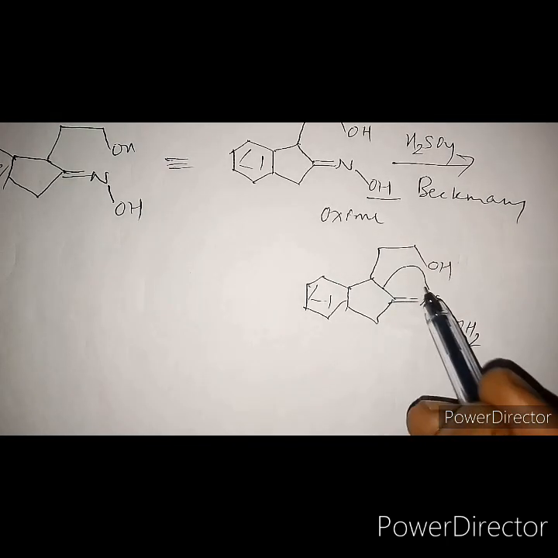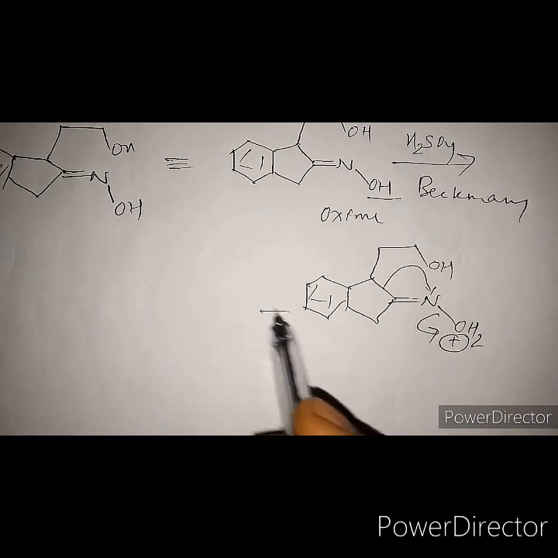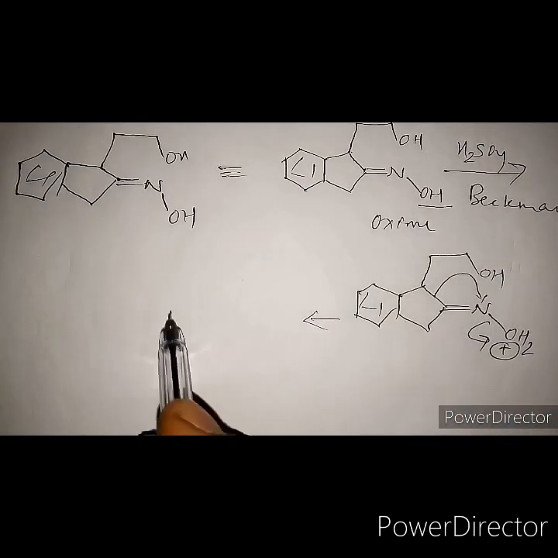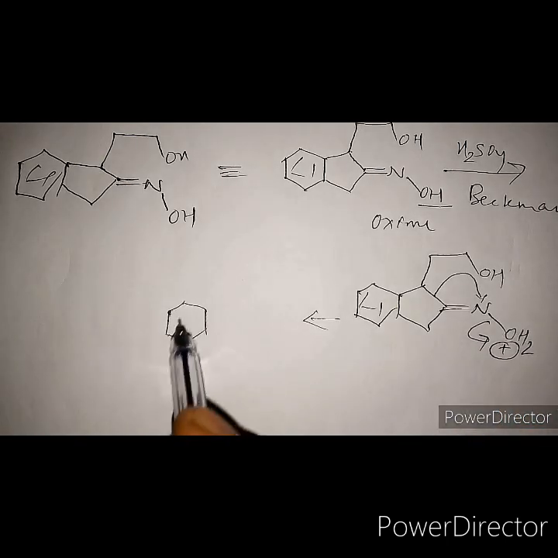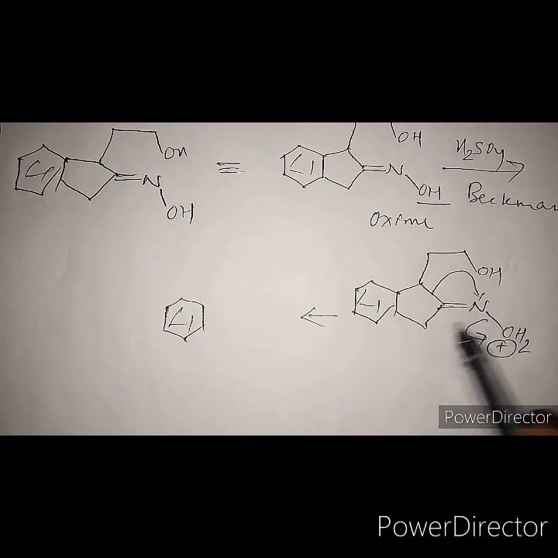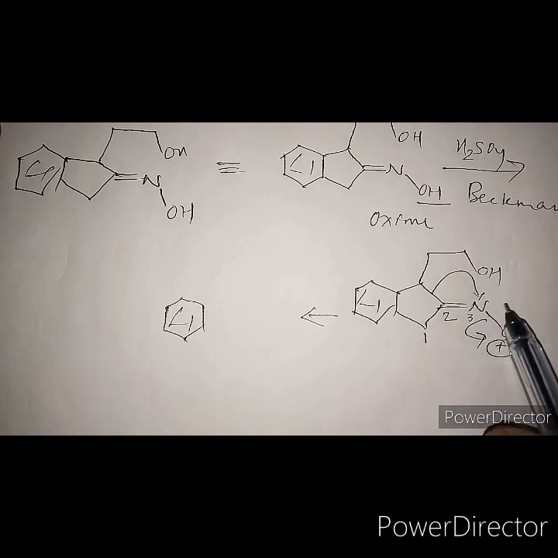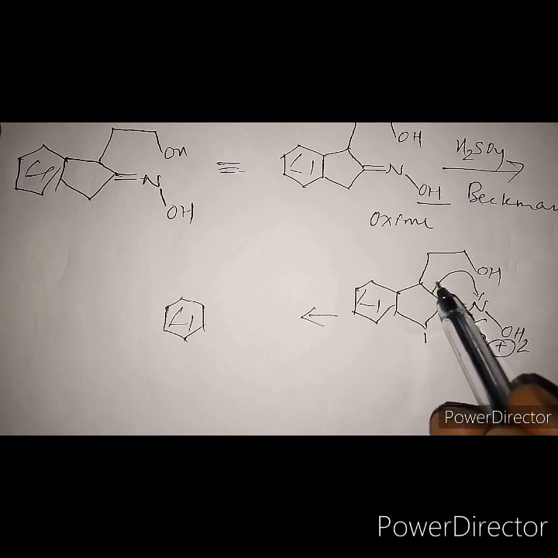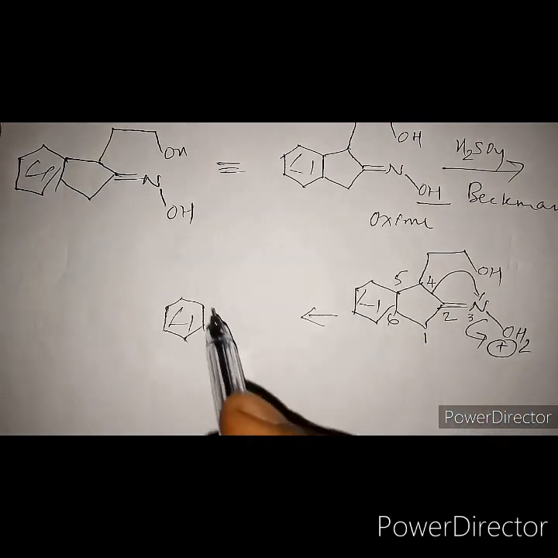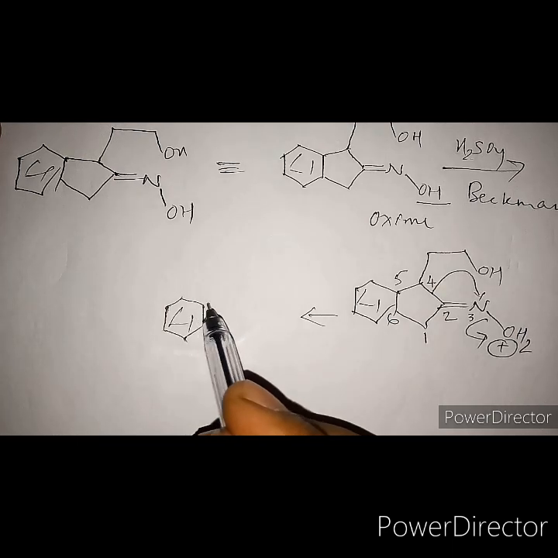This group migrates over here and eliminates OH2 plus. So here the ring expansion is taking place: the five-membered ring becomes six-membered. We can number it: this is 1, 2, 3, this is 4, this is 5, this is 6.